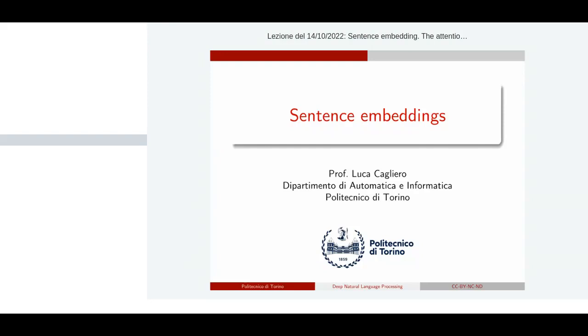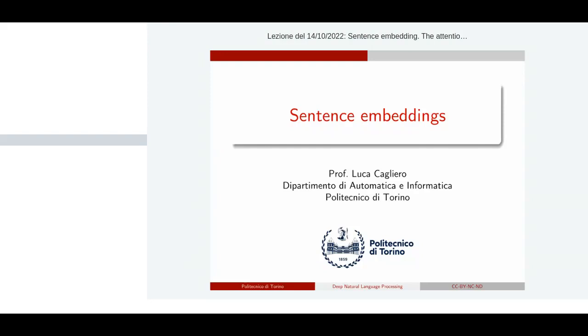Now, today we will try to take a step forward. We try to compose word level representations to build sentence level embeddings. So what's next? Instead of considering single words as the textual unit, we would like to generalize, moving towards a more general representation of the text.